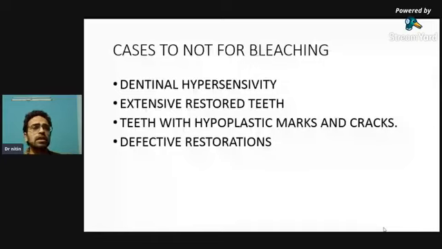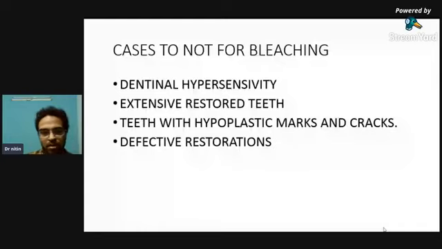So patients with strong dental hypersensitivity, or extensively restored teeth, especially the anteriors and premolars, and teeth with hypoplastic marks and cracks, that is, where there is pitting or crack lines, or defective restorations. These are the cases which are not ideal for bleaching. We can do some with modifications, but they are not ideal. You can opt for other options.